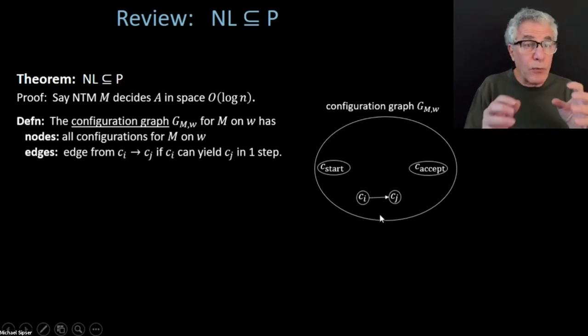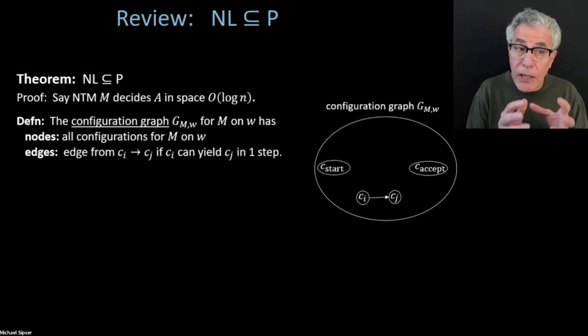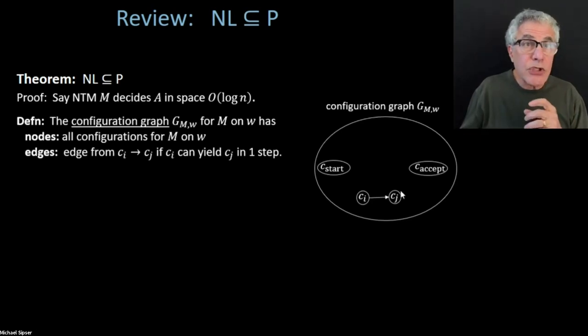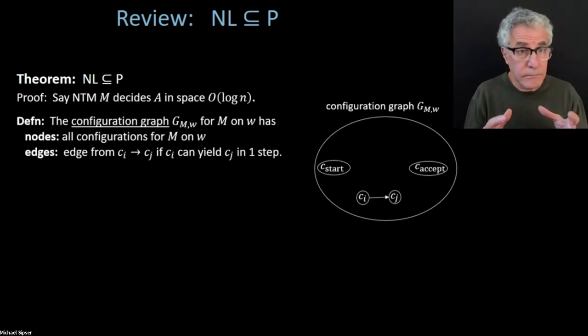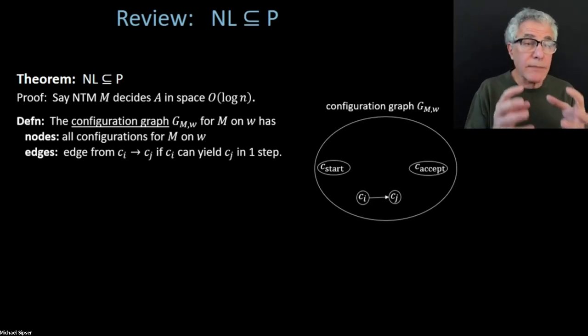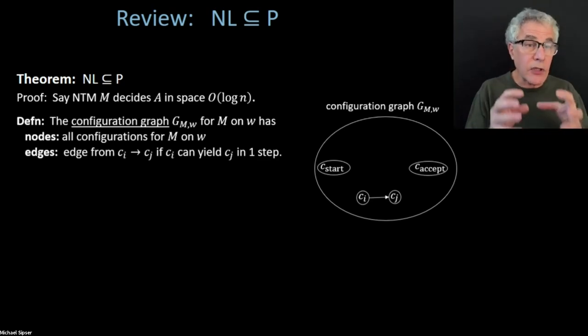Now, the point is that when we have a log space machine, we don't have too many possible configurations. There's only a polynomial number. So the size of this whole graph is polynomial. So our polynomial time simulation is going to write down that entire configuration graph of the log space machine on its input.